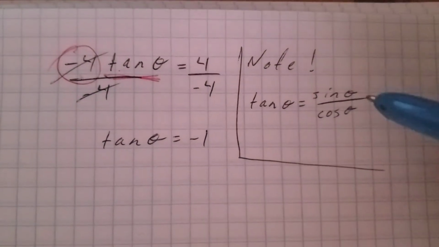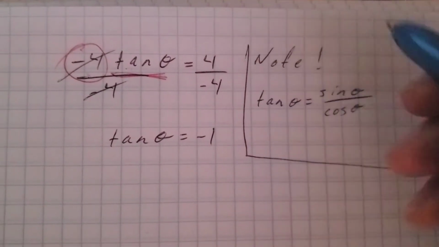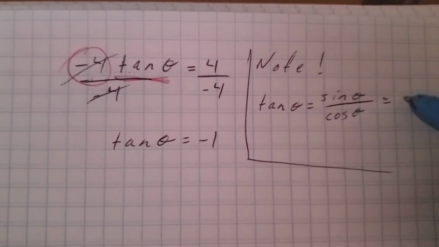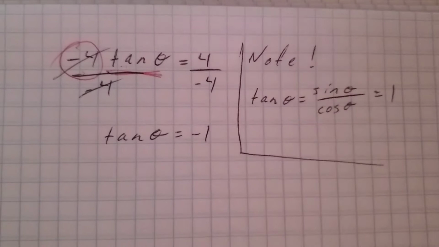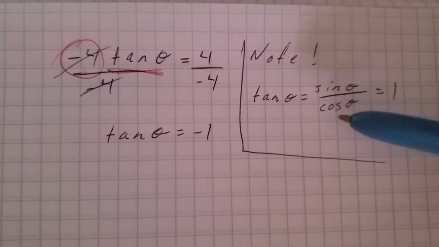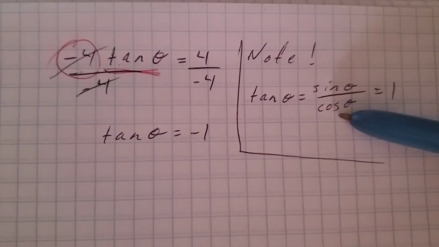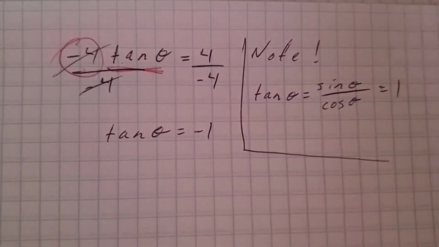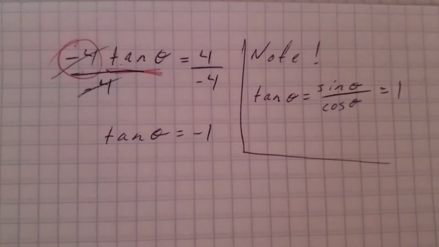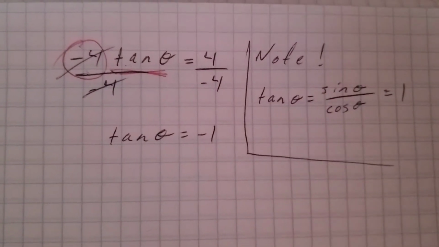Whenever this is equal to, let's say, 1, it just means that sine and cosine have to be the same value at a specific point. The most common is root 2 over 2 over root 2 over 2. That would give you 1.